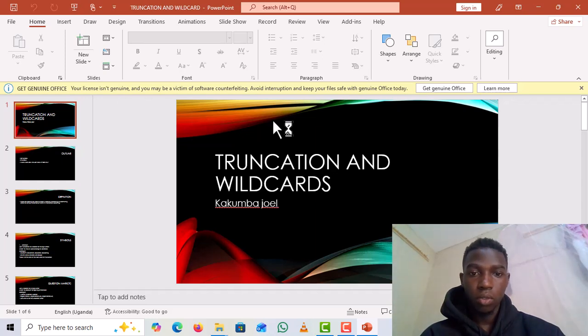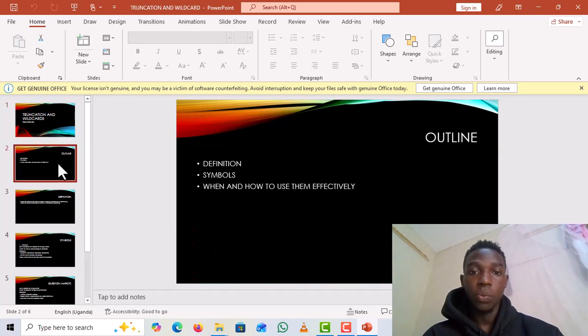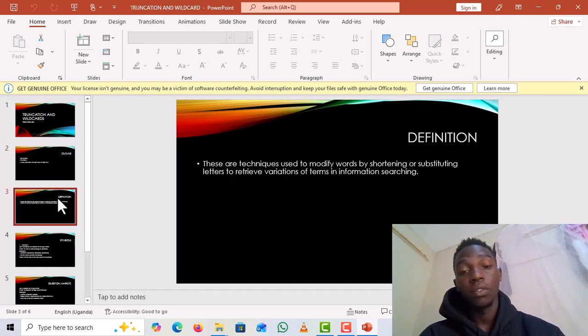So in truncation and wildcards, here we have the introduction. Those are the spellings for truncation and wildcards. We are going to see the definition, the symbols, and when and how to use them effectively. So let's begin with the definition.